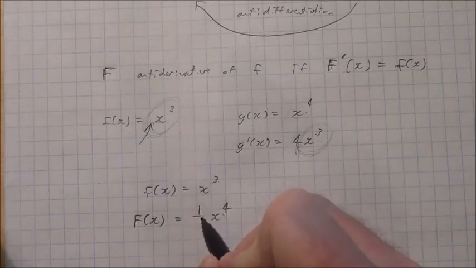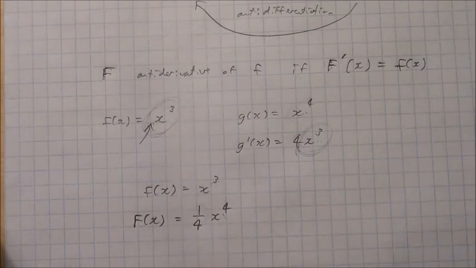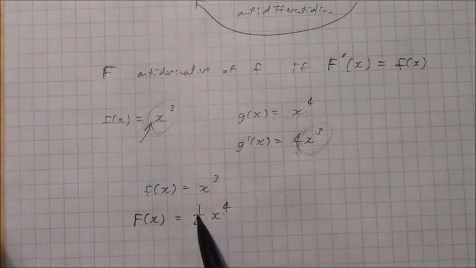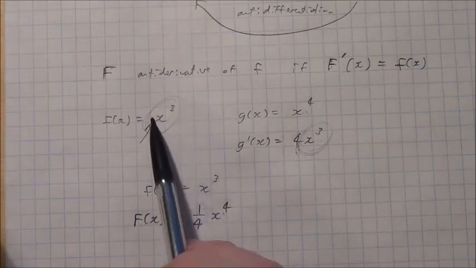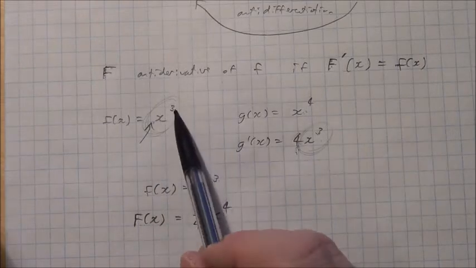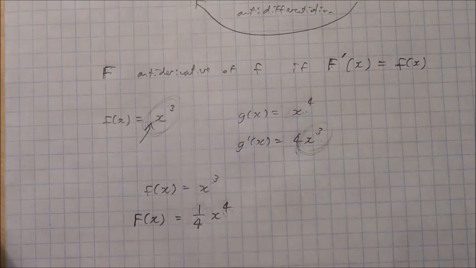That would be correct. We're going to multiply by 1/4. So when we take the derivative of this, the 4 will come down in front, 4 times 1/4 is just 1, and then we subtract 1 from the exponent to get x cubed. So that's how we'll go about finding antiderivatives.